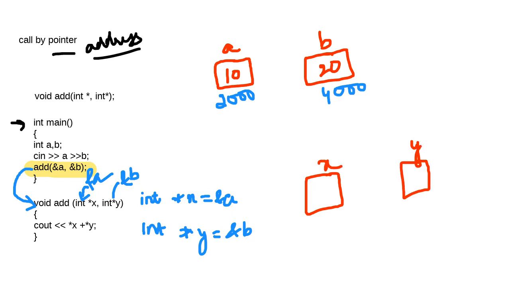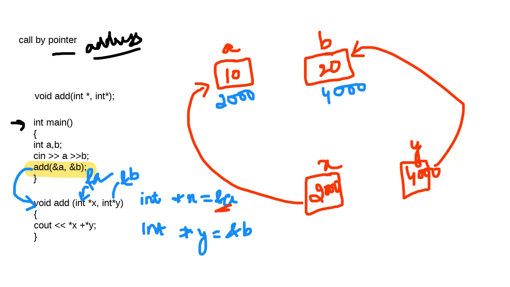So what values are contained in x and y? Again, x contains ampersand a. Ampersand a means address, that means 2000, and y contains value 4000. So x starts pointing to this location and y starts pointing to this location. तो अब मुझे बताओ, next line I have written is star x plus star y. So what is the meaning of star x?